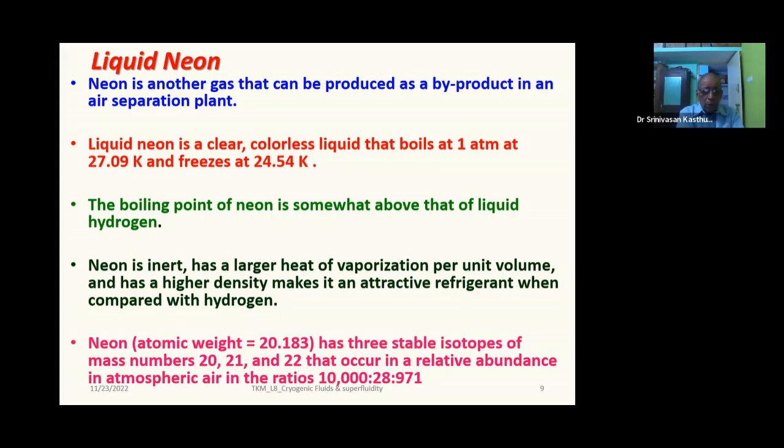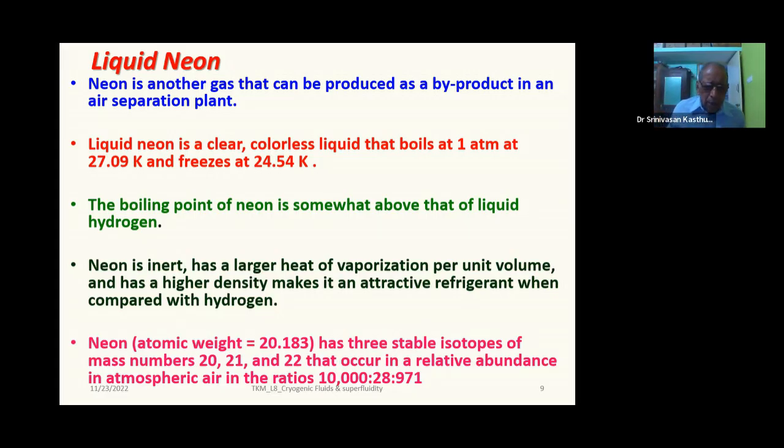Now the boiling point of neon is somewhat above that of hydrogen, because liquid hydrogen boils at 20.4 Kelvin, whereas neon boils at 27.09 Kelvin. Neon again is inert and has a large heat of vaporization per unit volume. It has a high density, and higher density makes it an attractive refrigerant when compared to hydrogen.